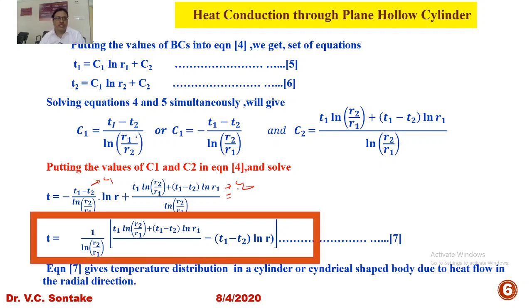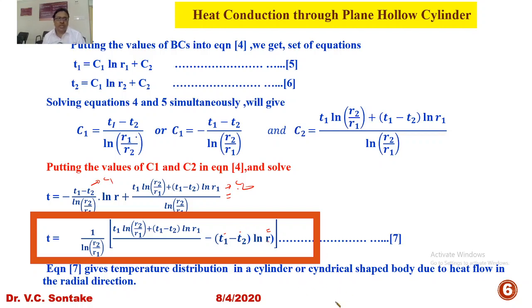So this is equation 7, and now it can give me the variation of temperature of the cylindrical surface with respect to any distance r in the radial direction. Now here, except r, all the things are known to me. r1, r2 will be known to me, and T1 and T2, that is surface temperatures at the inner and outer sides, will be known to me.